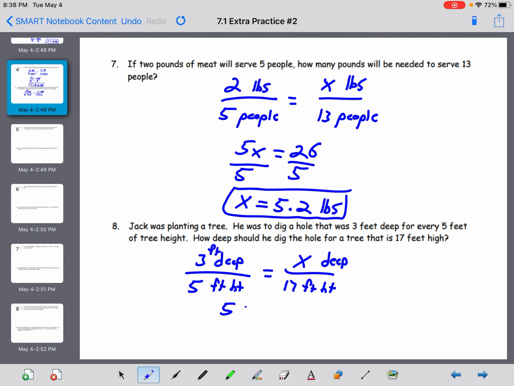So 5 times x is 5x. 17 times 3 is 51. Divide both sides by 5, and x equals 51 divided by 5, which is 10.2 feet deep.